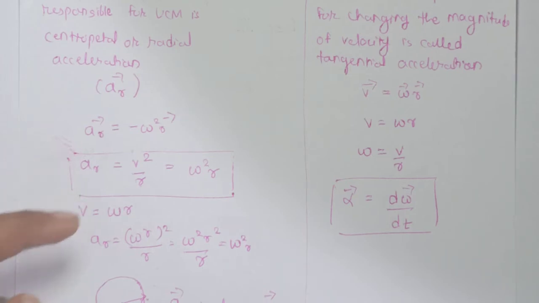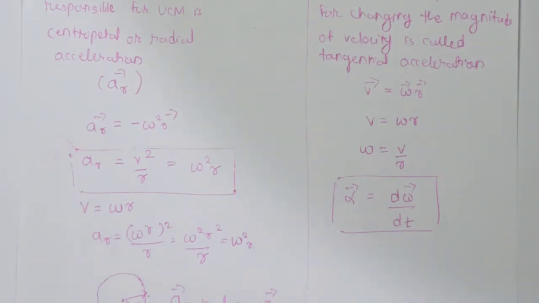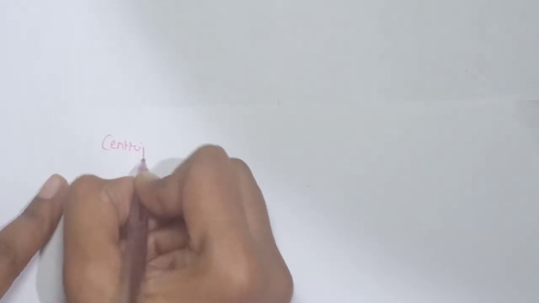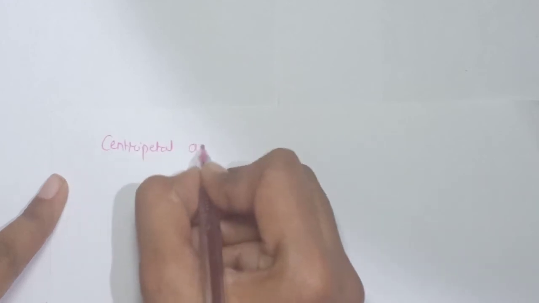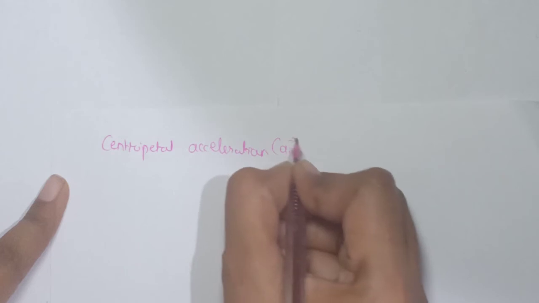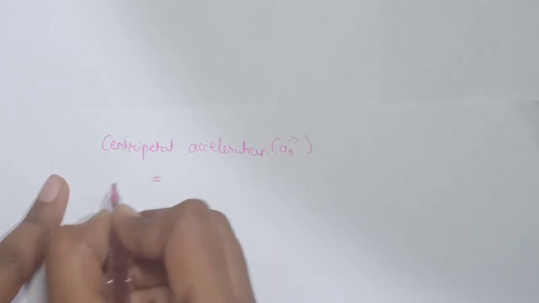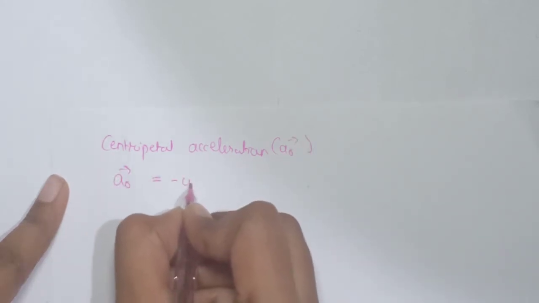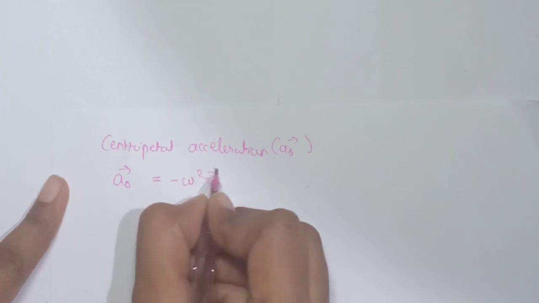Now let's move toward what kind of force is responsible for circular motion. The acceleration responsible for circular motion is centripetal or radial acceleration, which we have studied. That is nothing but centripetal acceleration, denoted by vector AR, and it is given by minus omega square vector r.